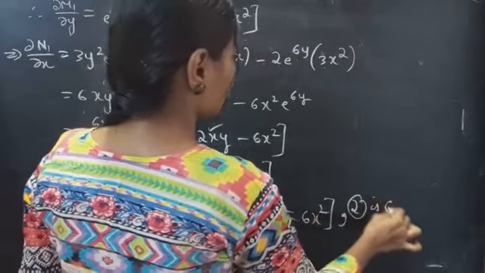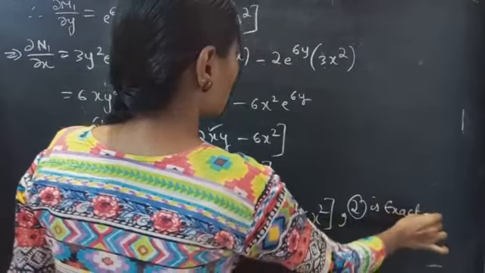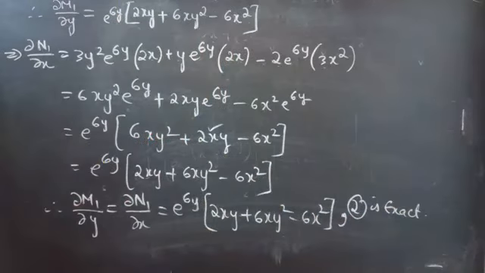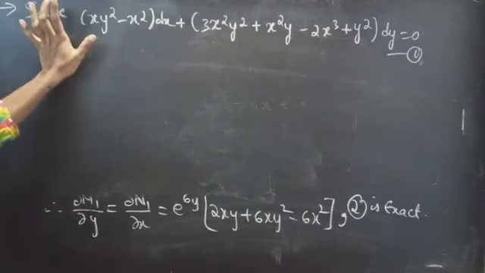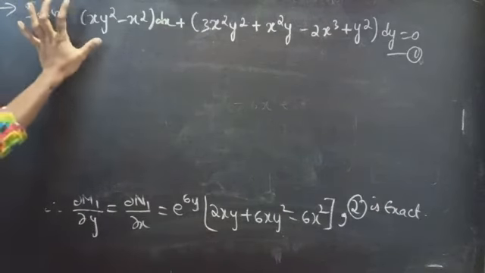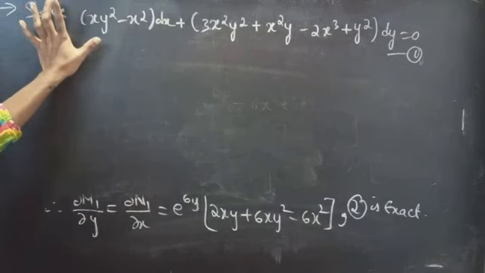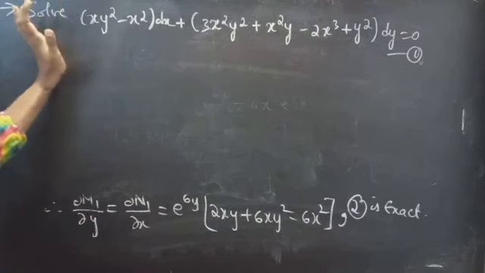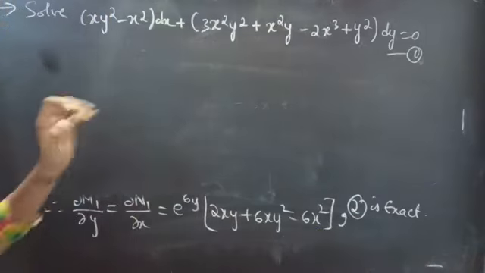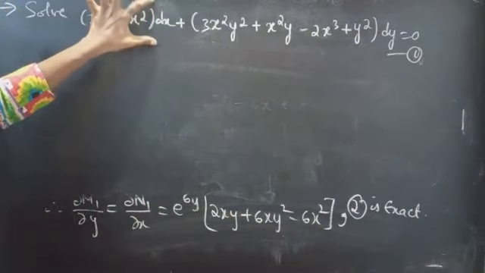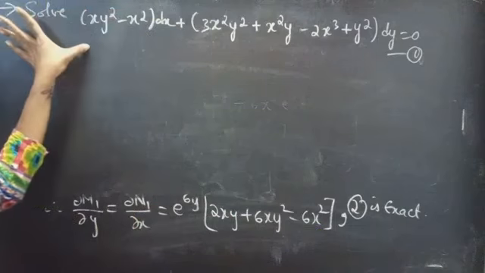That is, the equation obtained by multiplying the integrating factor to the given equation is exact. Since the given equation is reduced to an exact equation, now we need to find the general solution to the given equation, right? So the general solution of equation 2, that is the exact equation, is the general solution of the given equation.